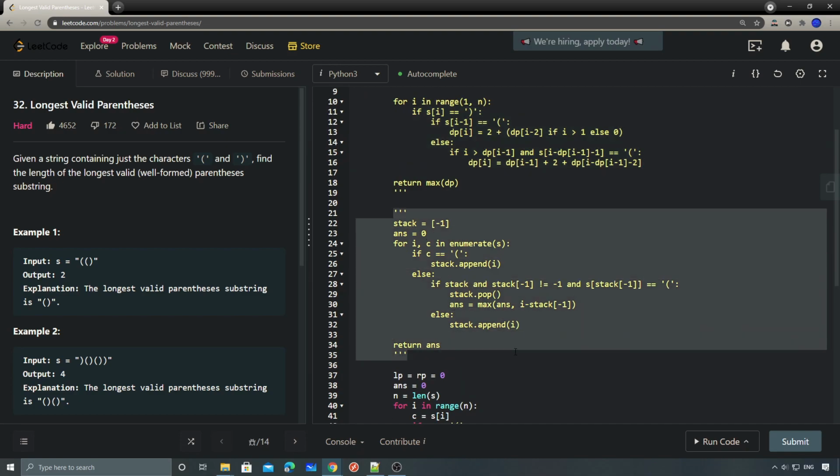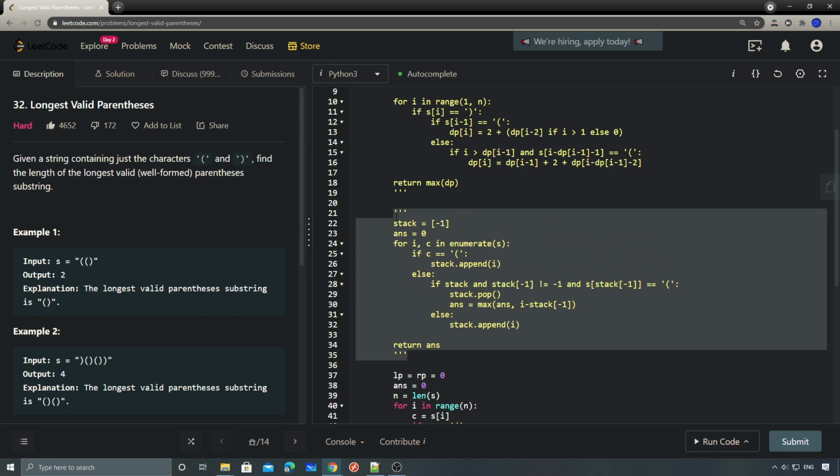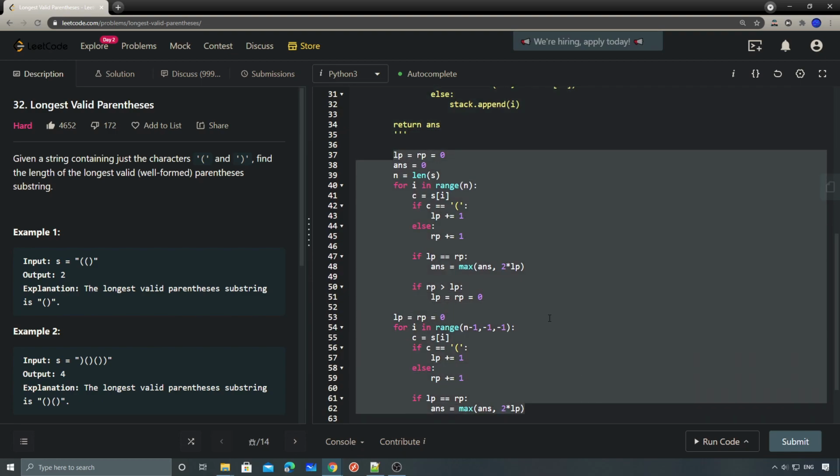The second one is the most straightforward, since we just need to use a stack to keep track of the starting point of each valid parenthesis string. The last one requires a little bit of experience.